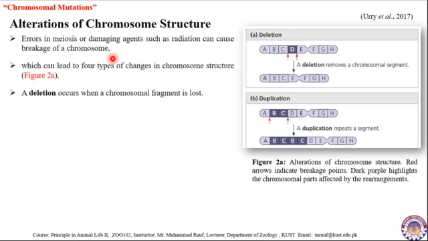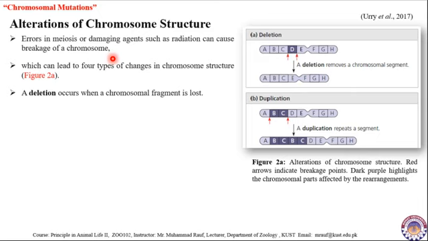Deletion is quite simple, where a segment of a particular chromosome is detached and missing. Now if that detached segment has a centromere, it will be part of the gamete when that cell undergoes meiosis, because it has the site for the attachment of spindle fibers.